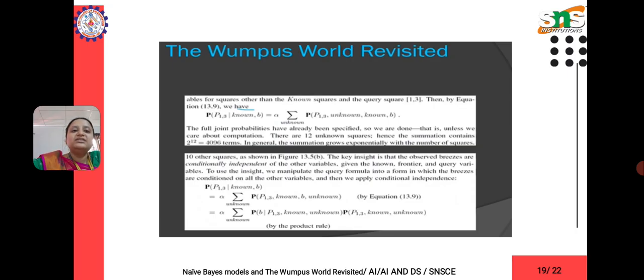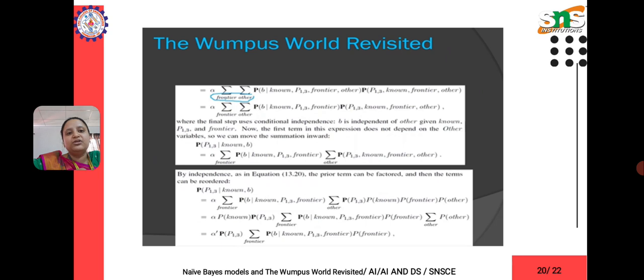When you execute it using the product rule, you get the summation over unknown of P(b | P(1,3), known, unknown) into P(P(1,3), known, unknown). This way you can get the value of the known variable.